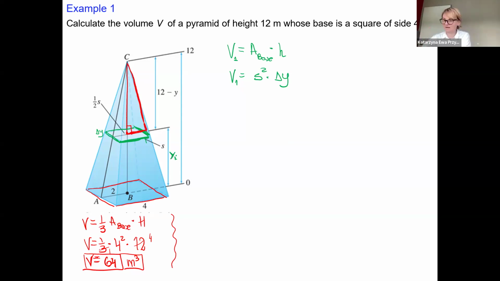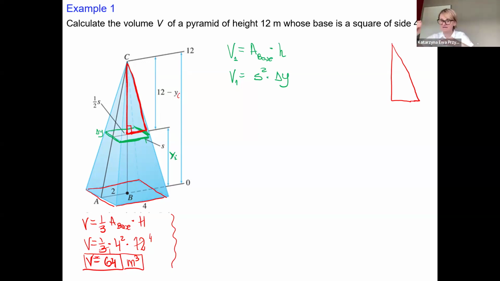The red one: we get two similar triangles, and from the ratio we will get the formula of S in terms of y. Please help me. The height of this red triangle, because we decided to call y from the bottom, will be 12 minus y.